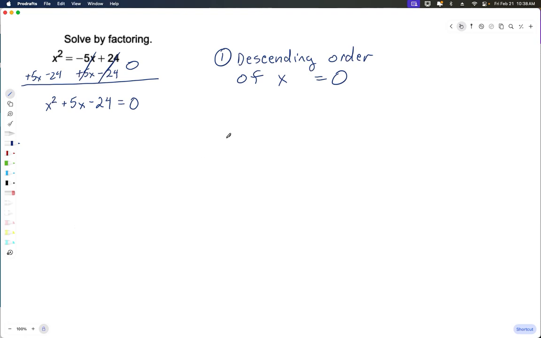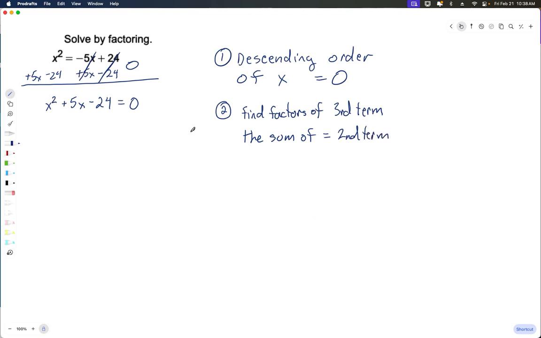So now that we have it in the right order, the right format, we are going to find factors of the third term that the sum of them equals the second term.